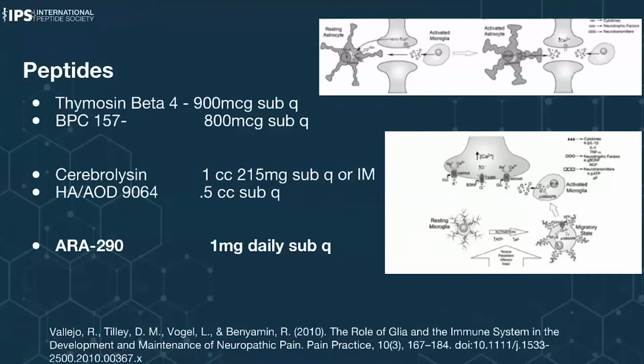Okay. And then I bring up this new peptide, ARA 290, which is 1 milligram daily sub-Q anywhere. And we'll get into this. This is a fragment of erythropoietin. And this is really going to, I think, give you some interesting information as to what more knowledge we have of pain.